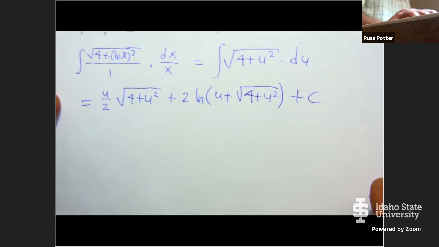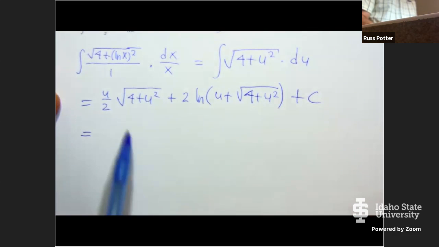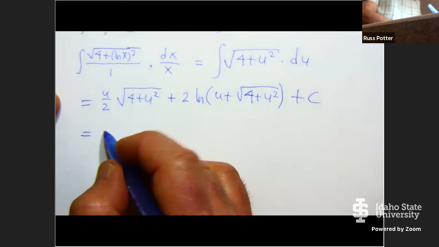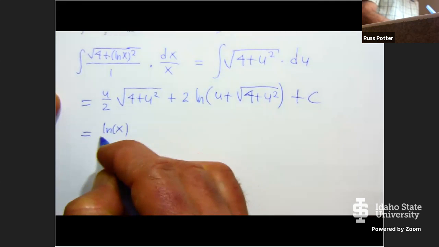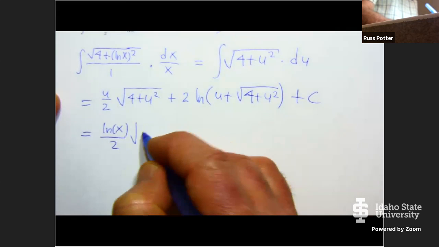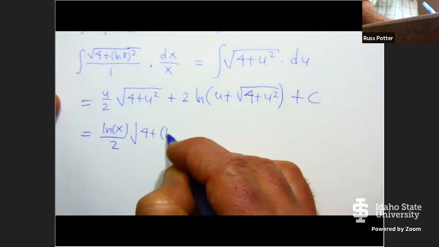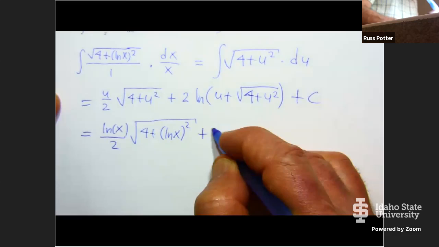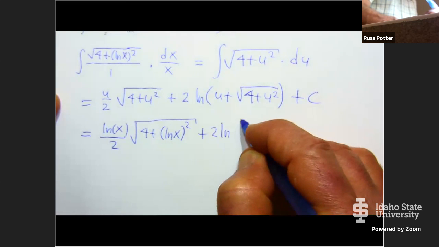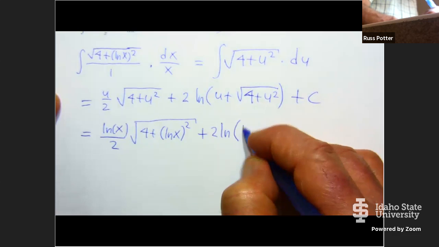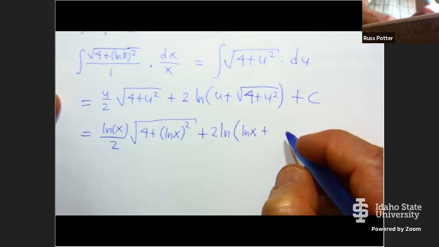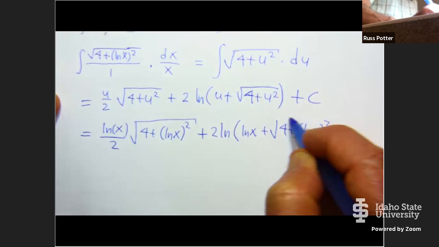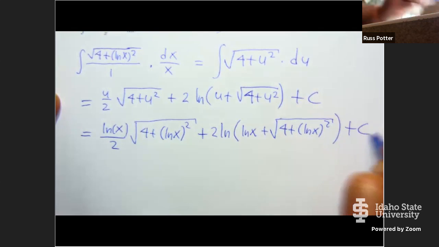Yes, so that was entry 21. And then we put the natural log of x back in for u. So we get the natural log of x over 2 times the square root of 4 plus the square of the natural log of x, plus 2 times the natural log of the natural log of x plus square root of 4 plus the natural log of x squared, plus the constant.